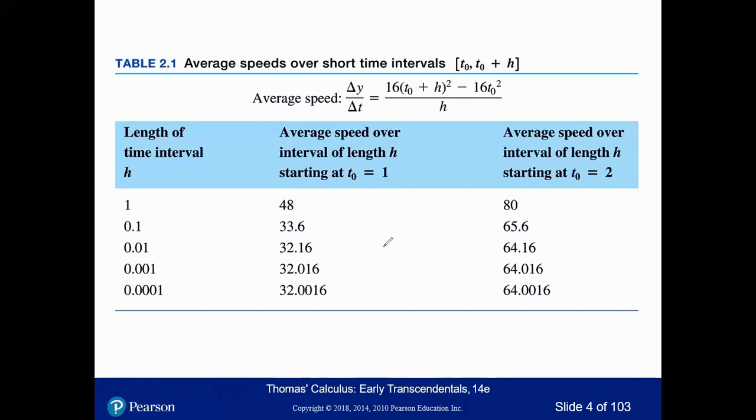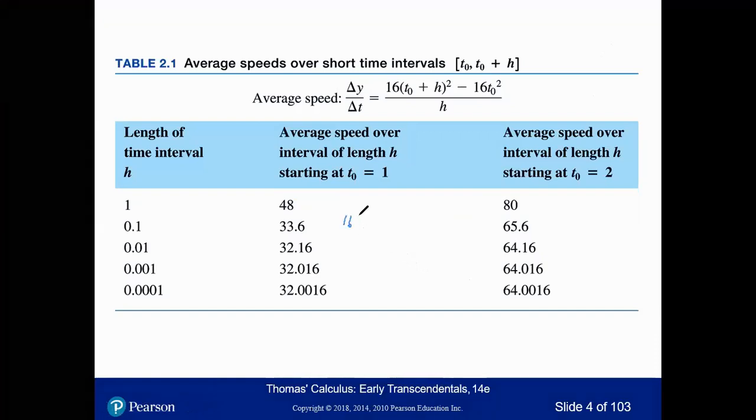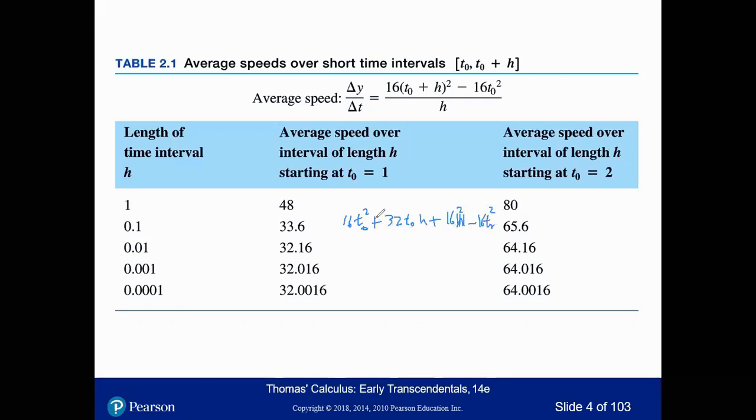Okay, so what we had is 16 t0 squared, if we just took the bracket, plus 32 t0 h plus 16 h squared, right? Minus 16 t0 squared, right?